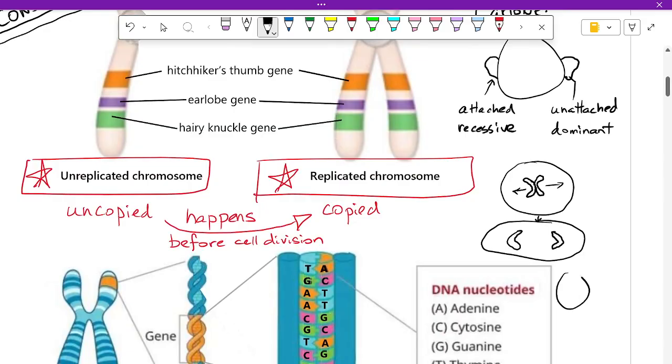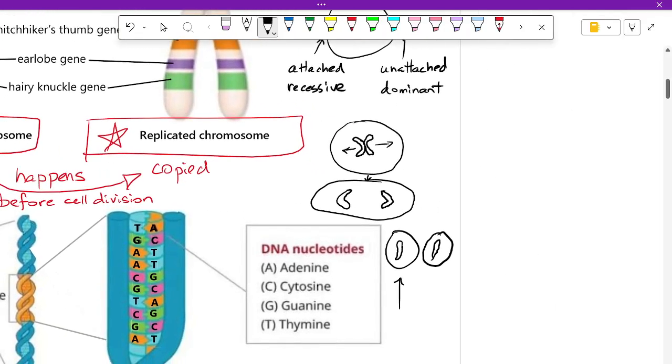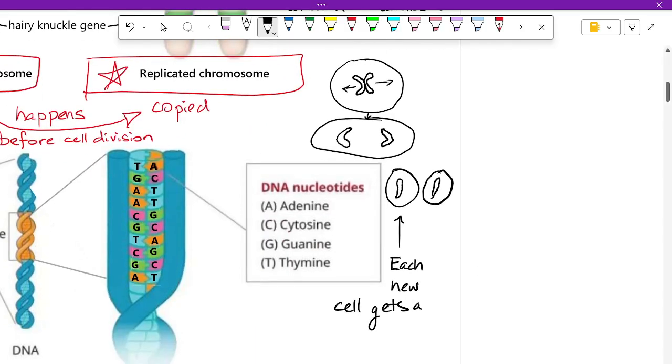And then the cell splits in two. Each new cell gets a copy of the chromosome. If you didn't copy it first, would each new cell get a copy? No.